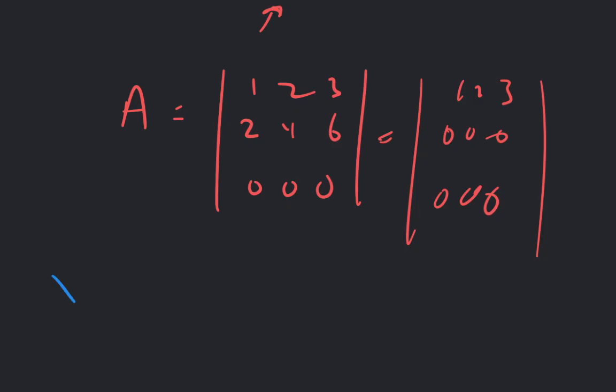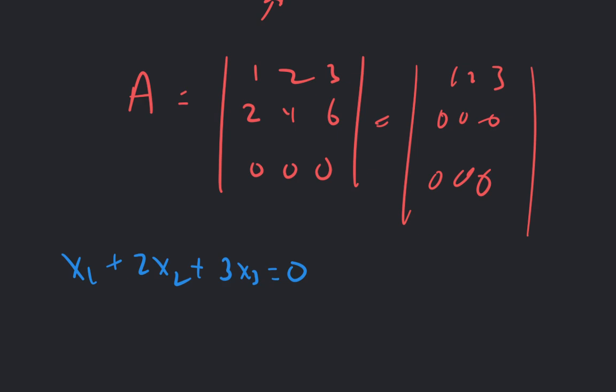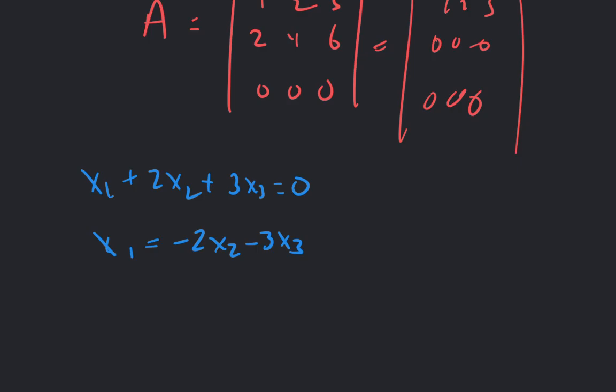Then we write that out, x1 plus 2x2 plus 3x3 is equal to 0. Then we solve for x1. Let's say we want x2 to equal some variable, say t, and x3 equal another variable, say s. Then x1 is equal to minus 2t minus 3s.